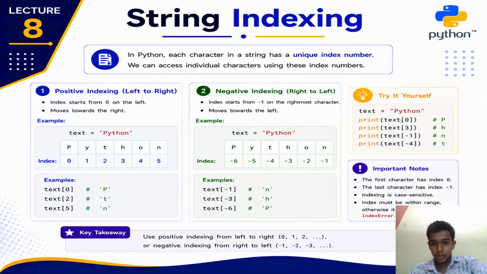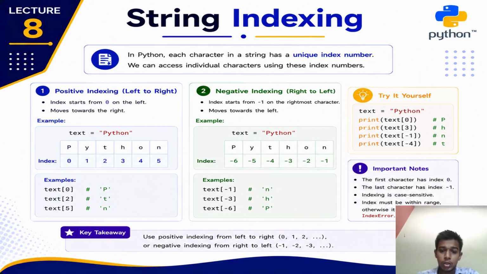Let's understand with the string Python. The word Python has six characters: P, Y, T, H, O, and N. Python provides two types of indexing: positive and negative.